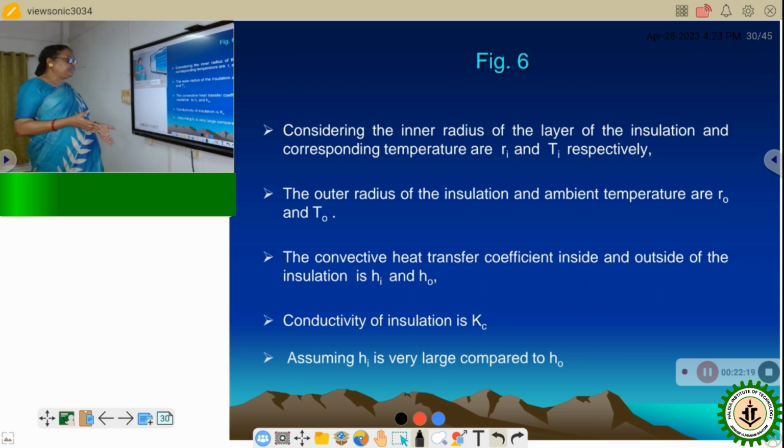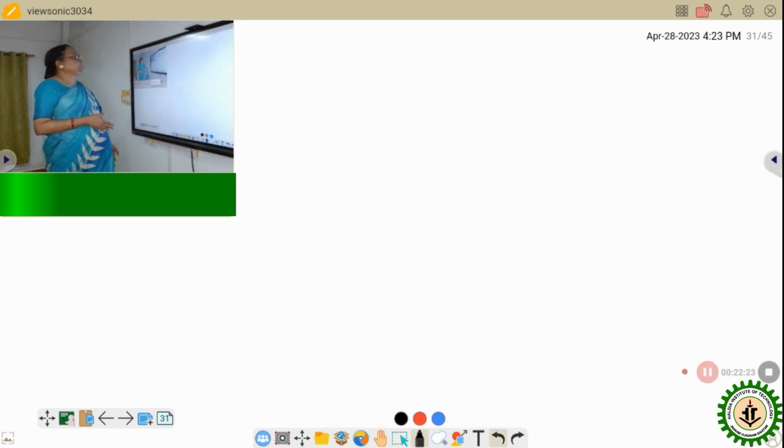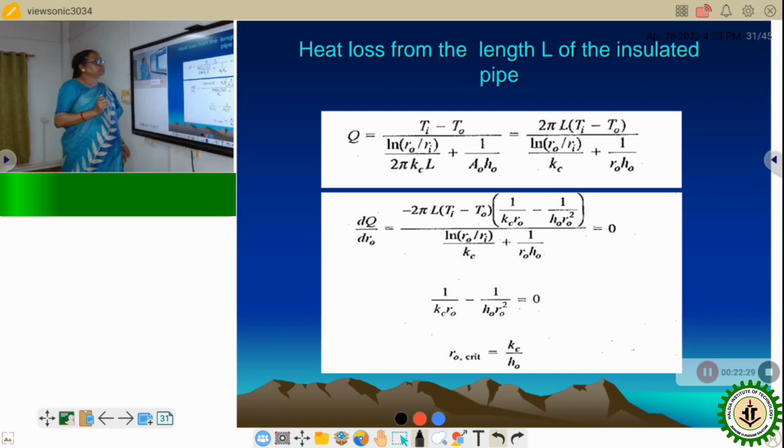Assuming Hi is very large compared to Ho, we get the final expression: Q equals driving force divided by [ln(Ro/Ri)/(2πKcL) plus 1/(AoHo)].